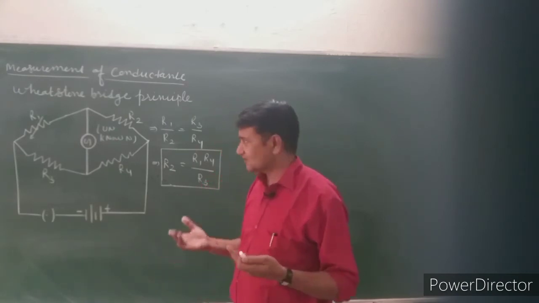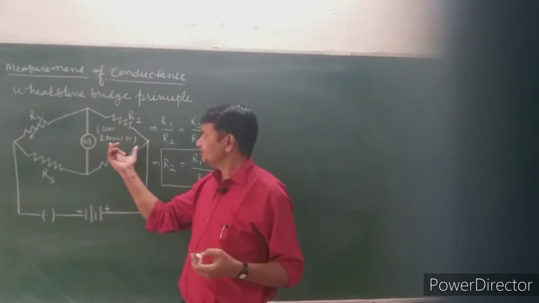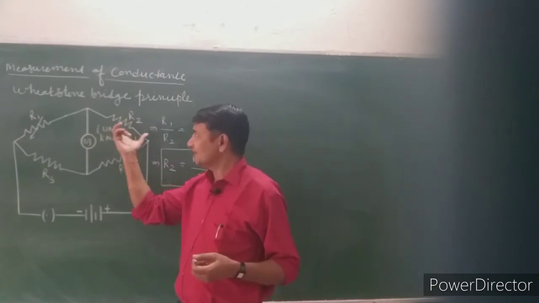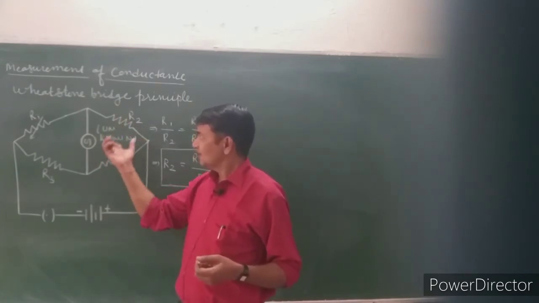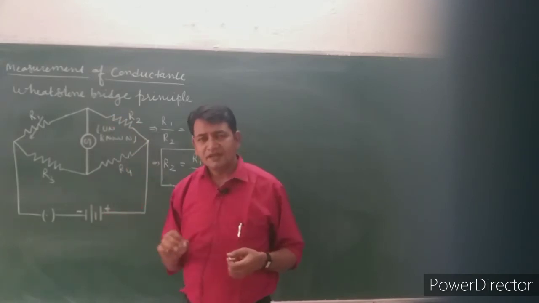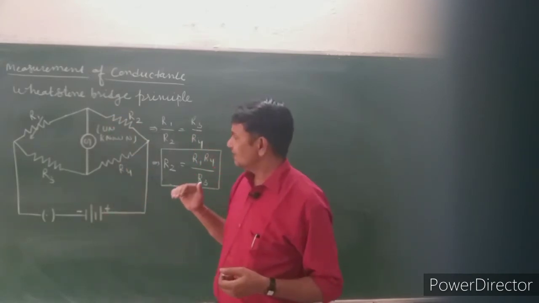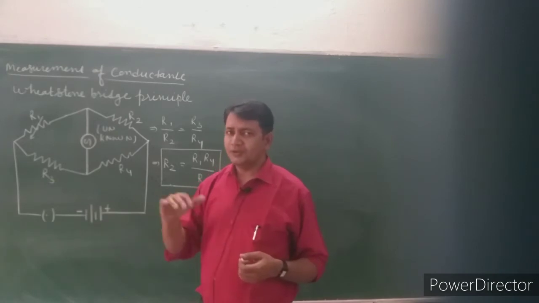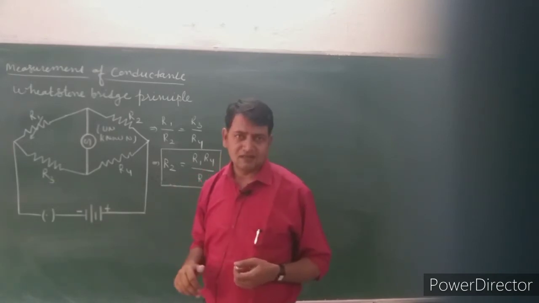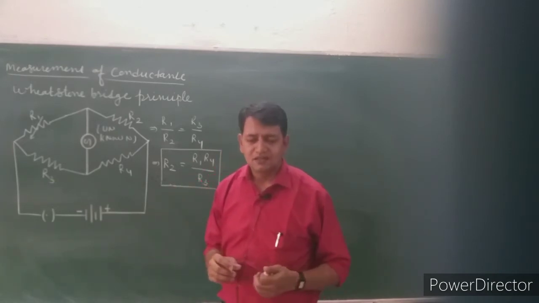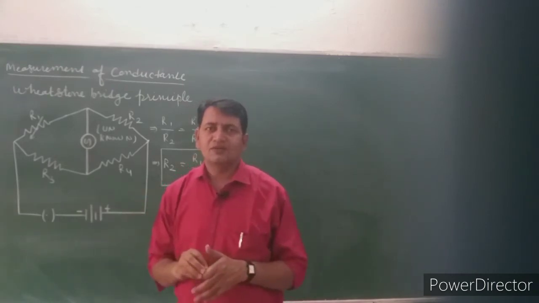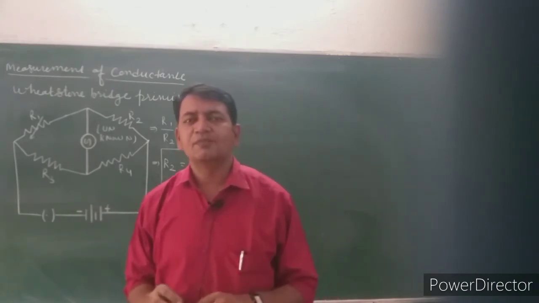What is the concept of cell here? To use the electrolytic solution in the Wheatstone-Bridge principle, it is necessary to convert that electrolytic solution into a conductivity cell. A conductivity cell is a simple cell which has two inert electrodes, generally platinum.